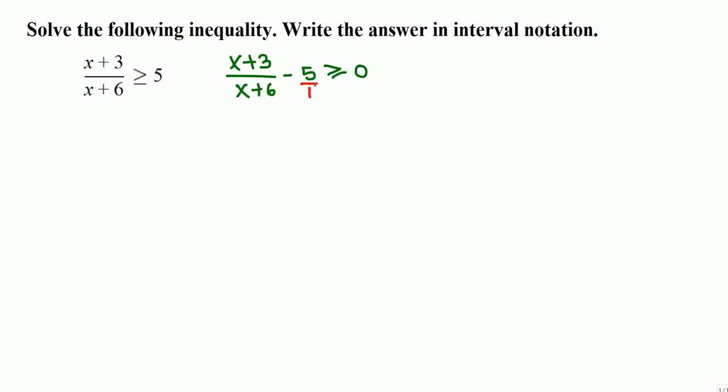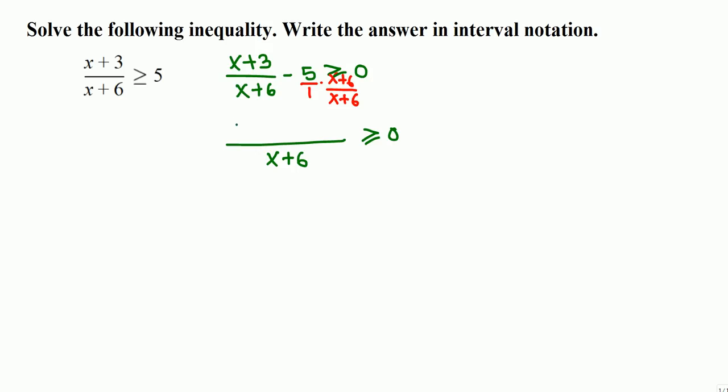For that, we multiply the second fraction by (x plus 6) over (x plus 6), and we get the common denominator x plus 6, and we want that to be bigger than or equal to 0.